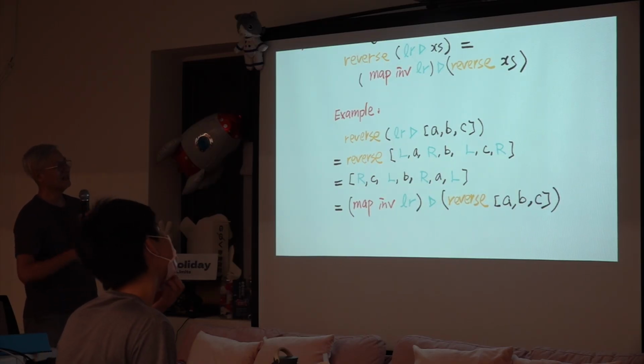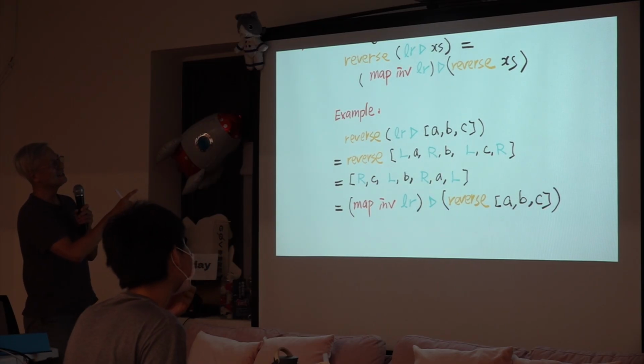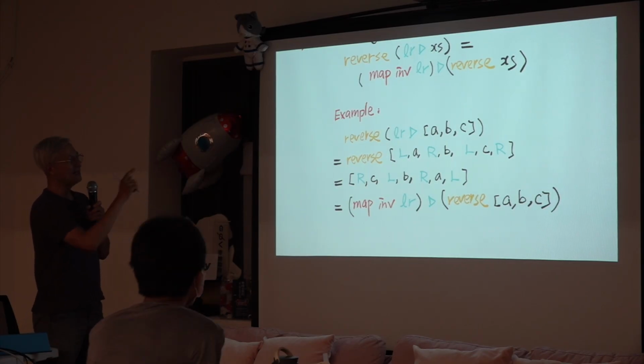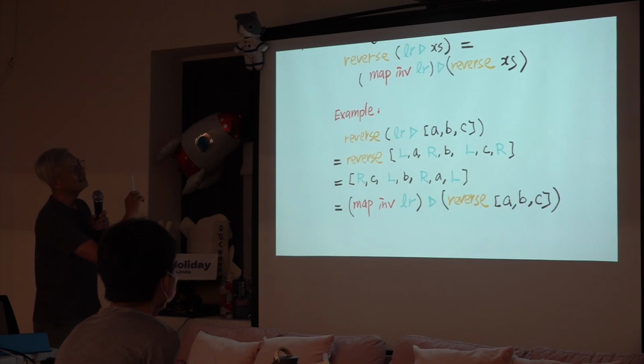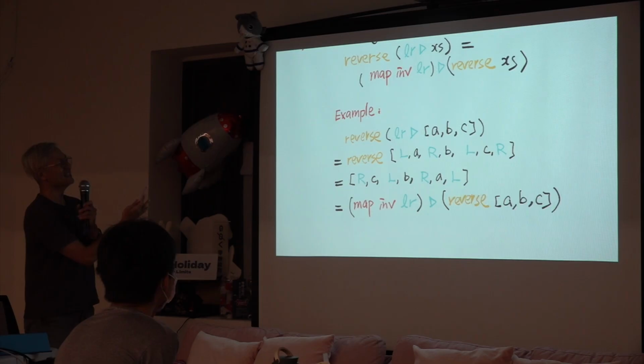But, okay, assuming that axis is ABC, if I interleave LR into ABC, that gives me LA, RB, LC, R. And then I reverse it.